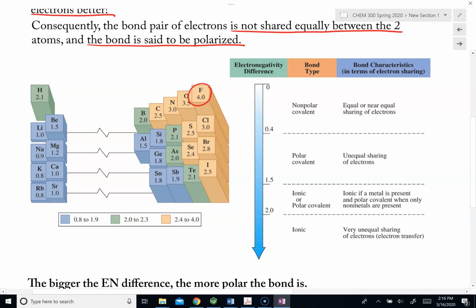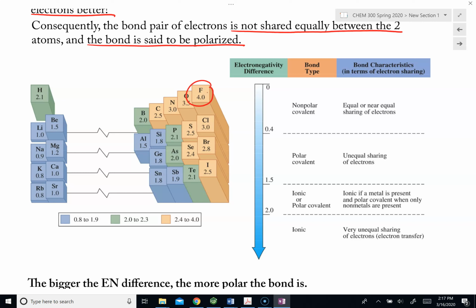Linus Pauling quantified the electronegativity value for all of the elements as follows. It ranges anywhere between 0 to 4, and 4 is one of the highest electronegativity values an atom can have. The higher the value, the higher the ability of the atom to attract electrons to itself.